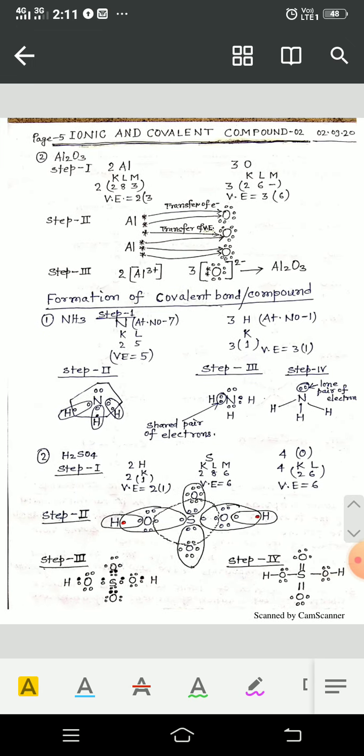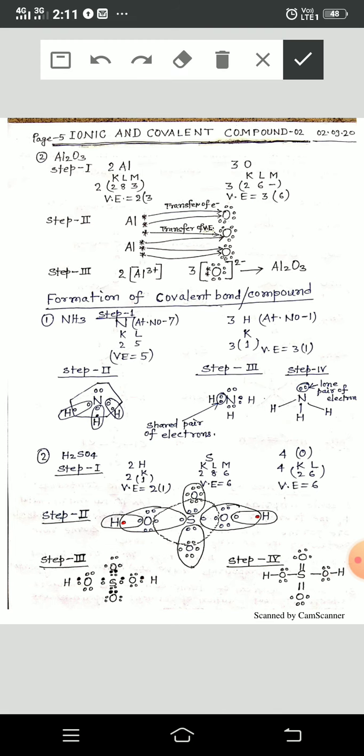Now on page number 5, this is the diagram to show the formation of an ionic bond of aluminum oxide. These are 2 examples for the formation of covalent bonds or compounds with the help of diagrams.